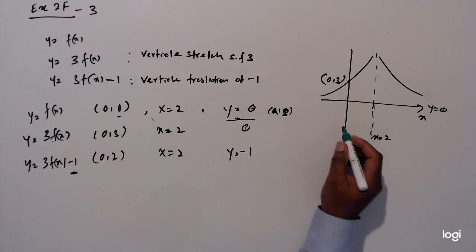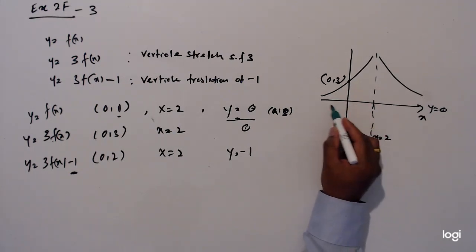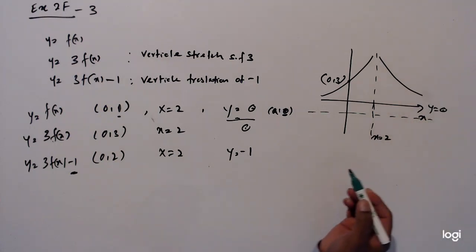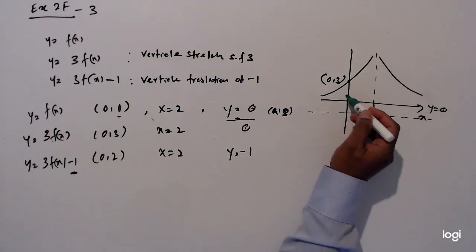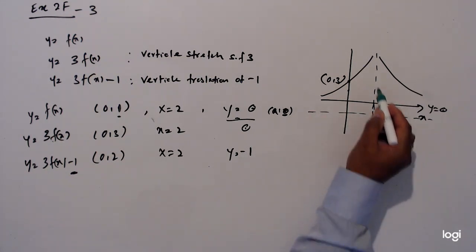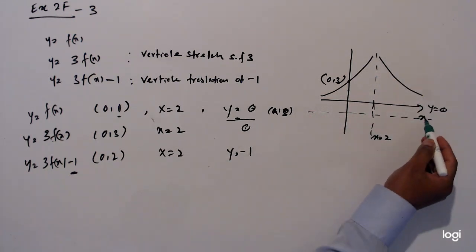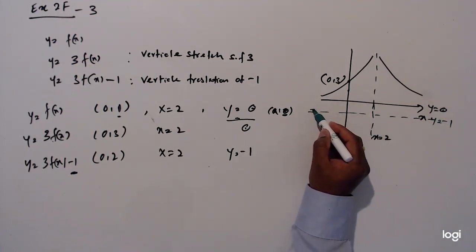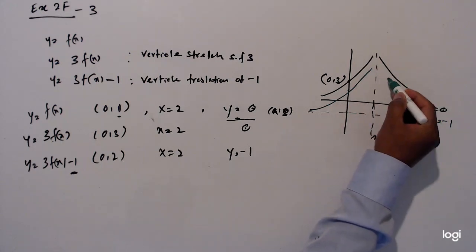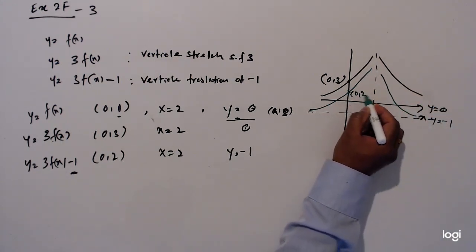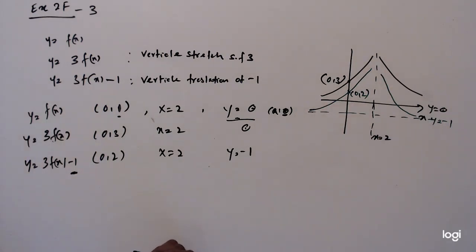So if I draw this graph, y equals 0 becomes y equals minus 1, and now this point is (0, 2), and the asymptotes are x equals 2 and y equals minus 1. So this point is (0, 2). So this is the last graph.